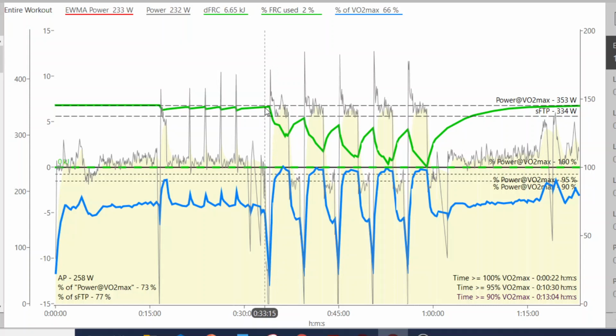But what it does mechanically to these elements is it drives FRC down quicker, and it shortens the time before the slow component, so to speak. It speeds up that slow component. It gets you into that 95 to 100% of power at VO2 max a lot quicker with this quick start.